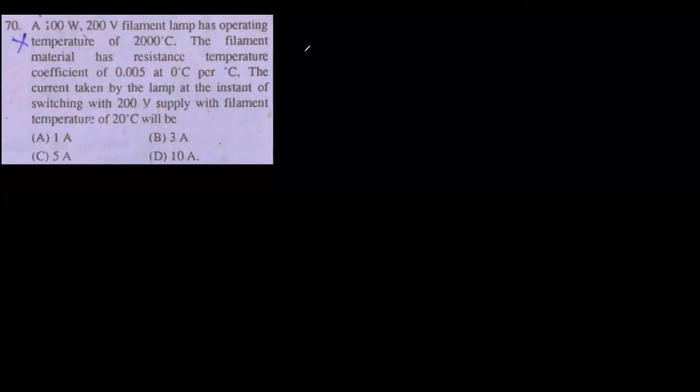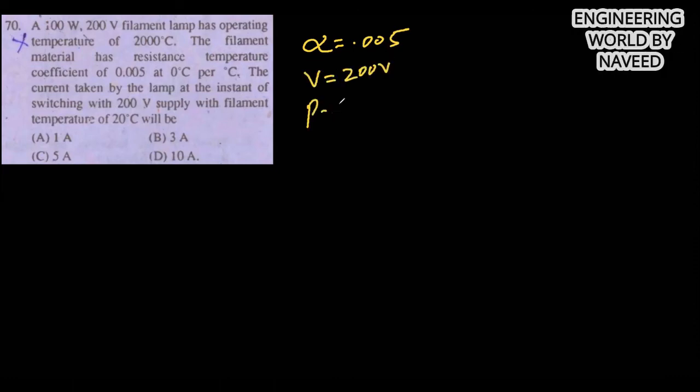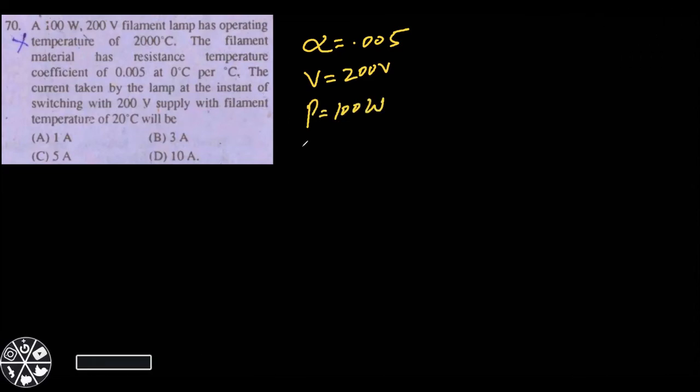Okay, so temperature coefficient is given to me, that is 0.005. Voltage is also given to me, that is constant, 200 volt. Power is 100 watt. Temperature is 20 degree. So here two temperatures are given to me, that is 20 degree and 2000 degree.